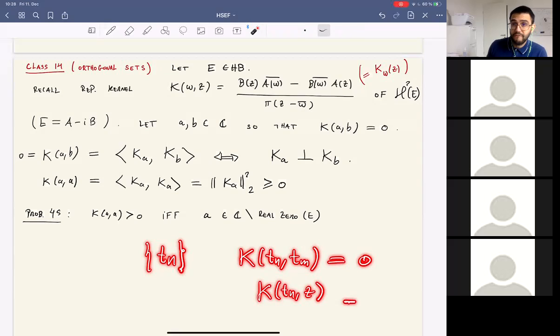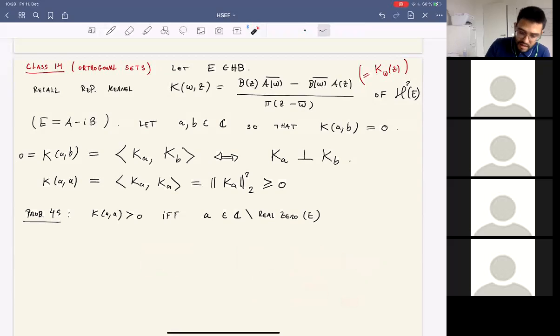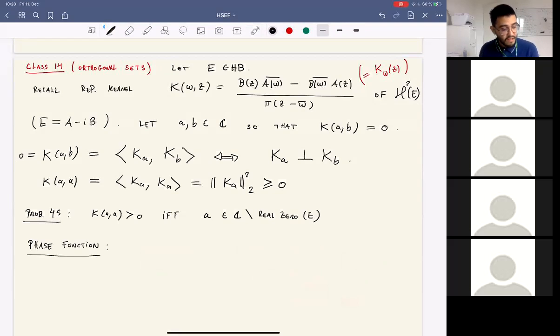So how can you figure out when we have an orthogonal system? That is encoded in the phase function. So what is the phase function?